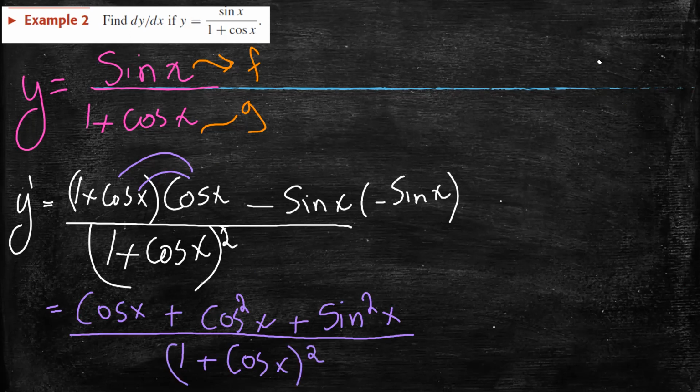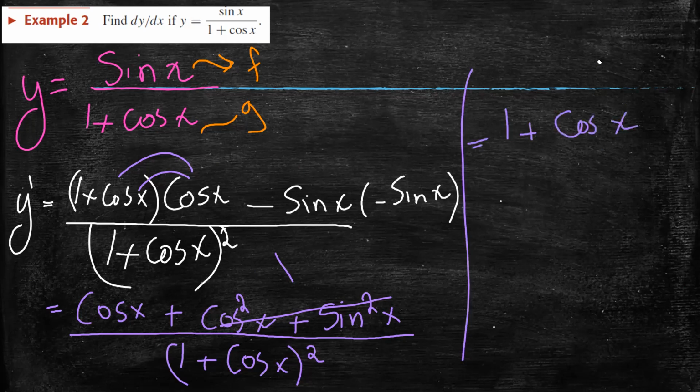Is it right? Yes, teacher. Then sine squared plus cosine squared is 1, as we said before. So after simplifying it will be 1 plus cosine x over 1 plus cosine x squared.